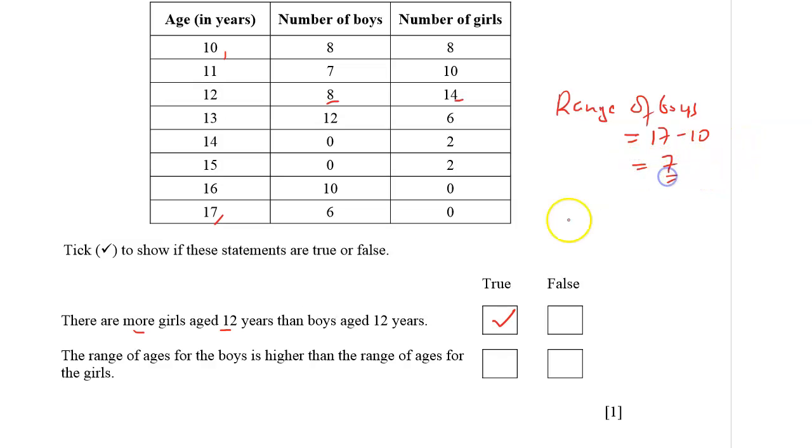What about the range of girls? The range of girls is from 10 years to 15 years. So 15 minus 10, the range is 5. Therefore the range of the boys' ages is higher, 7 is higher than 5. So that is true as well.